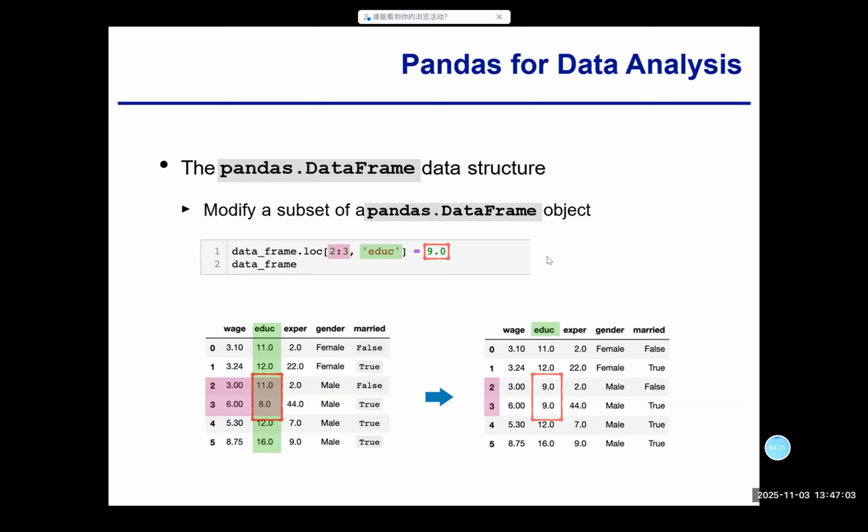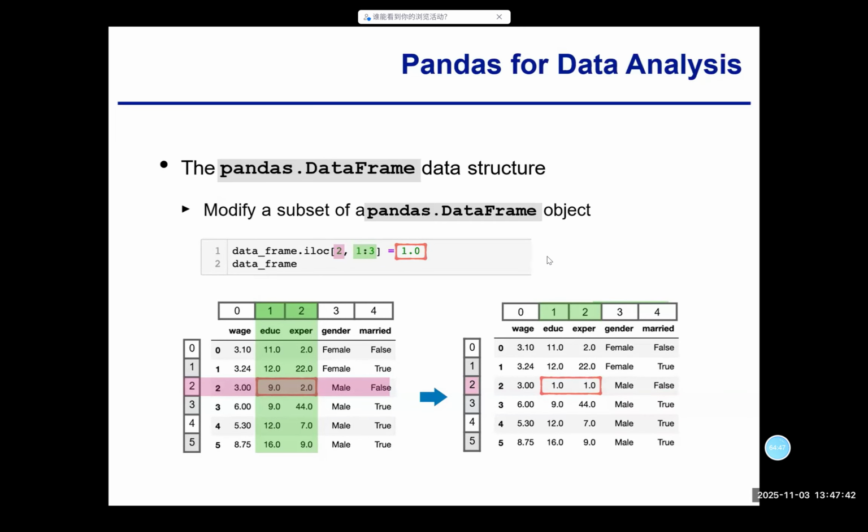By using loc, we know we should call by the names, and we know we should include the endpoint, the stopping point. So row-wise 2 to 3, that would be index 2 and 3 included. Column-wise education, so we know it's education. So we are selecting the two values, 11 and 8. Well, if you want to make an assignment, whether it's an individual assignment or a group assignment, you can directly do so. Assigning 9.0 will update both the values to 9.0, right?